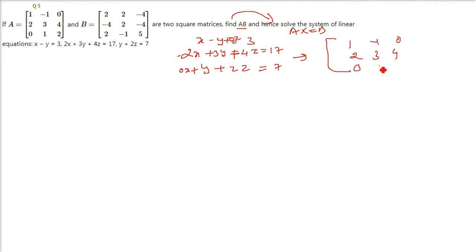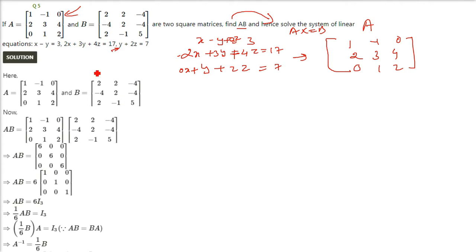This is the A matrix which is given in the question as well. So the same matrix is given, and these equations give us the same matrix.